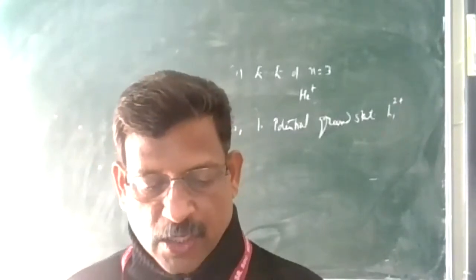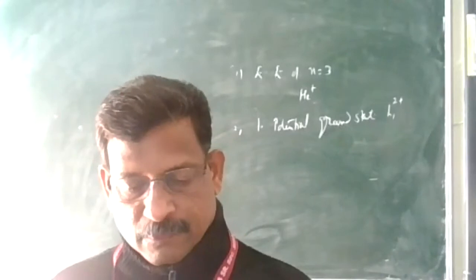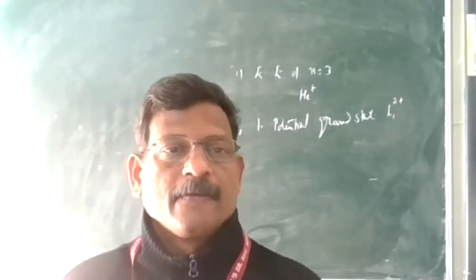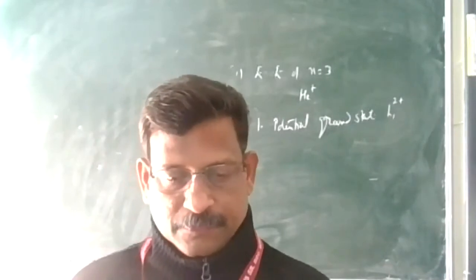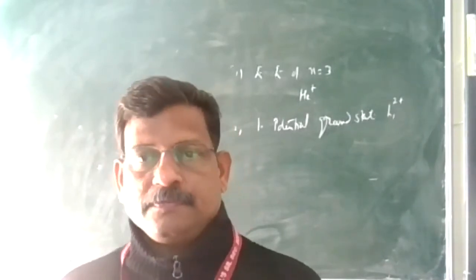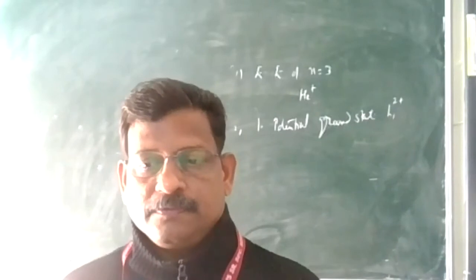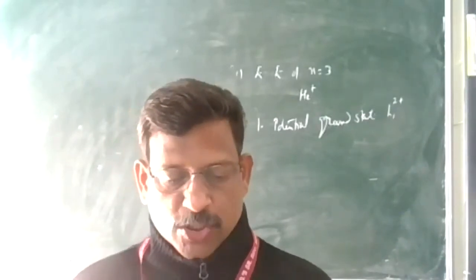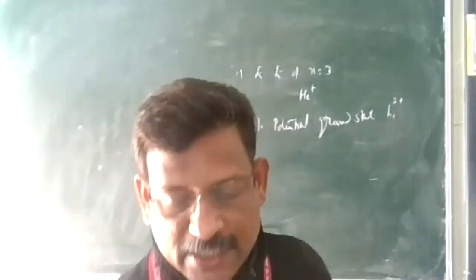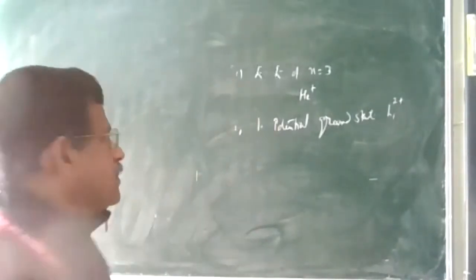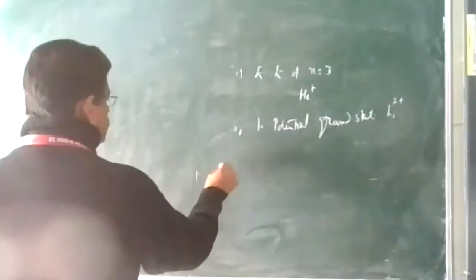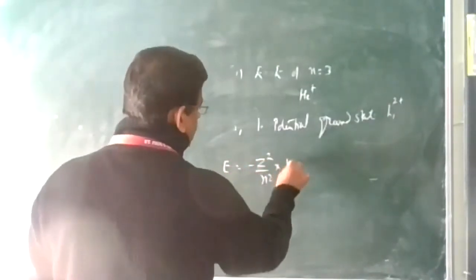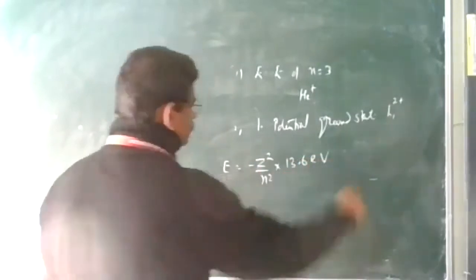You can take a minute for calculation. Total energy equal to minus Z square divided by n square into 13.6 electron volts.